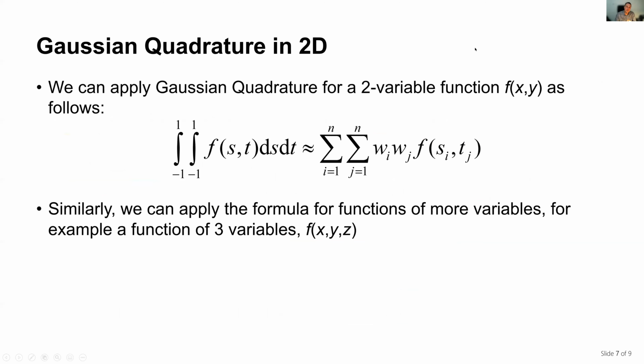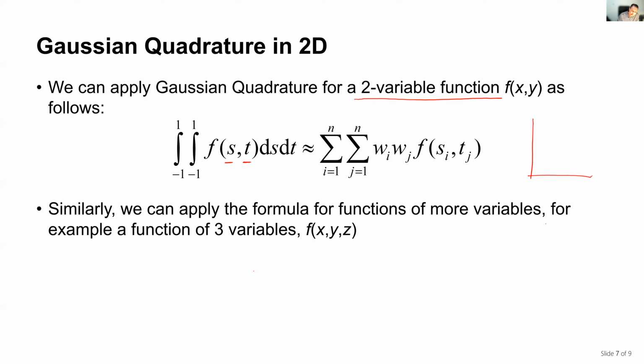Until now, we spoke about one variable functions only, f(x), but we can apply the same philosophy exactly also with two variable functions or functions of even more variables. Now, in this case, we have an integral with two variables s and t.